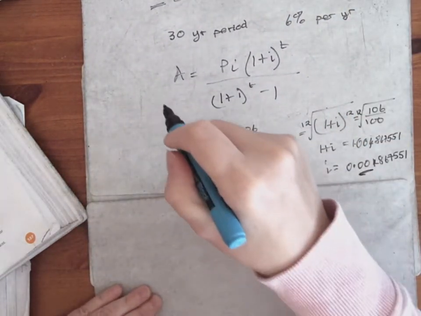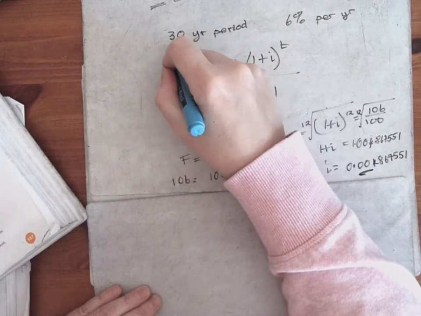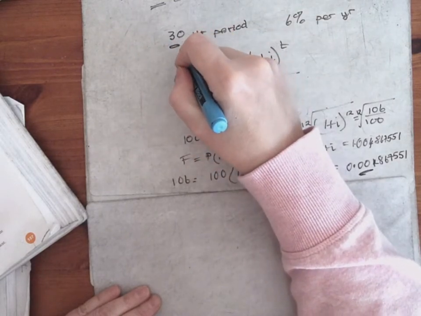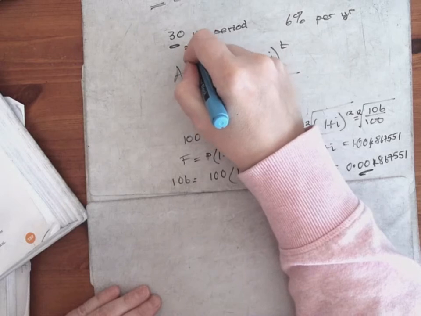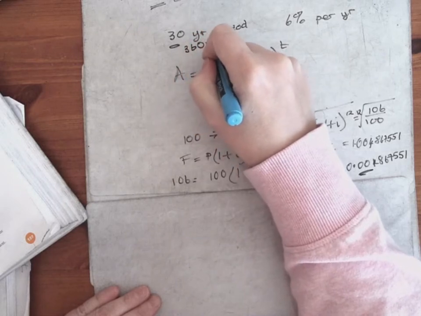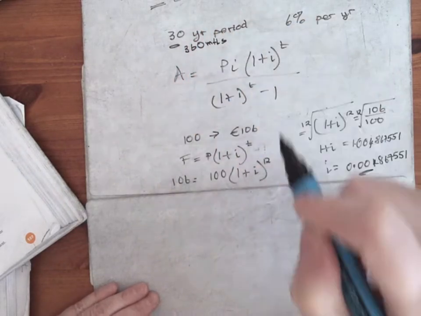Okay, then my 30-year period, girls, in months is 30 by 12, which is 360 months. Is that okay? So then you're ready to fill in now.